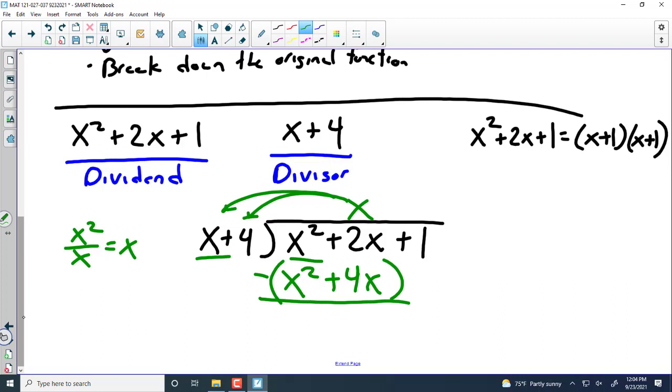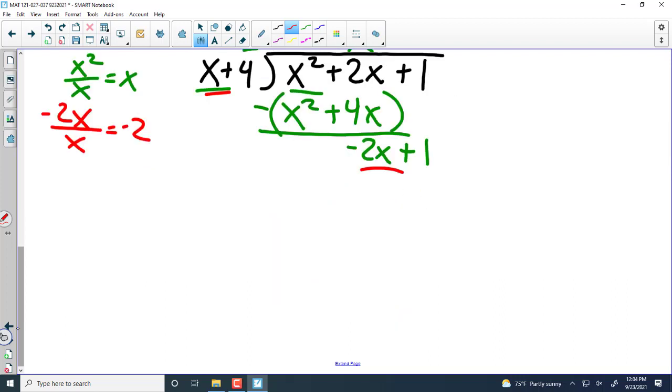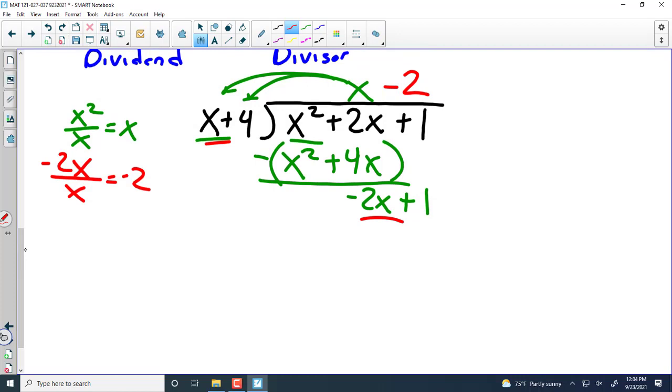X squared minus x squared is 0. 2x minus 4x is negative 2x. X goes into negative 2x, negative 2 times. Multiply that back through. You get negative 2x minus 8. Line it up, subtract it. You get 9.